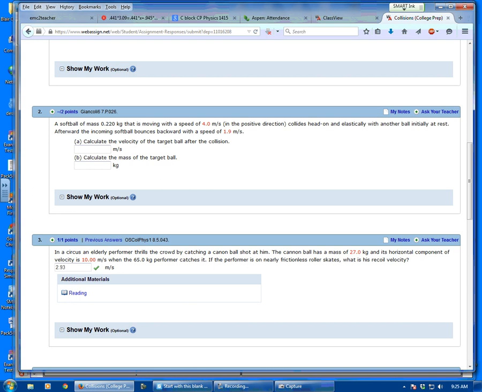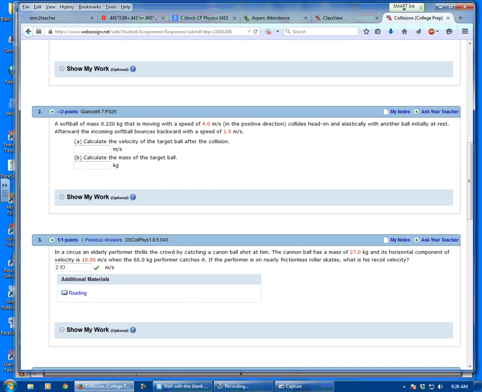And they ask you to find the velocity of the target ball and the mass of the target ball. The one thing to be careful of here is that notice afterwards the incoming softball bounces backwards with the speed of this, meaning that in the momentum equation, you've got to enter that 1.9 as negative 1.9 because it's coming back.